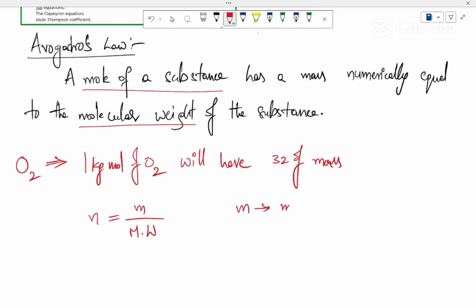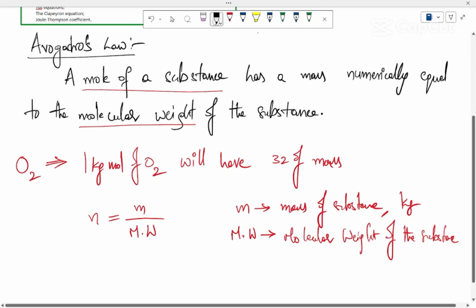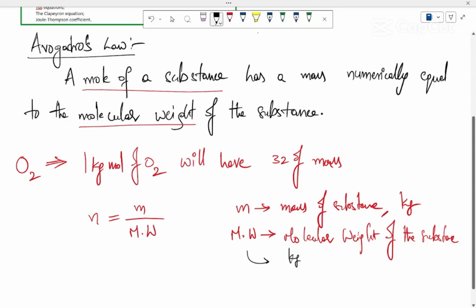Here M is nothing but the mass of the substance measured in kgs, and MW is nothing but the molecular weight of the substance. And the molecular weight has kg per kg mole as a unit.